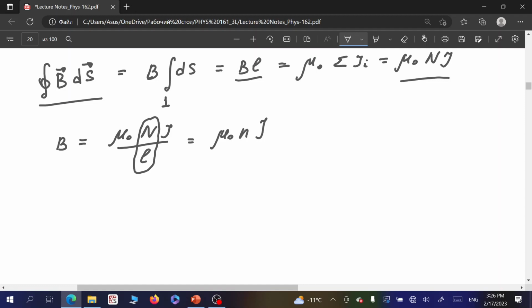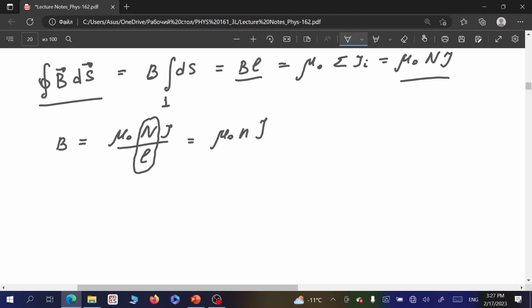material environment inside the solenoid, because it could be vacuum, so we have mu naught. It could be some ferromagnetic material. Then here will be also some magnetic constant which will show whether it's diamagnetic or ferromagnetic material. It either increases magnetic field in comparison to vacuum, or decreases magnetic field.